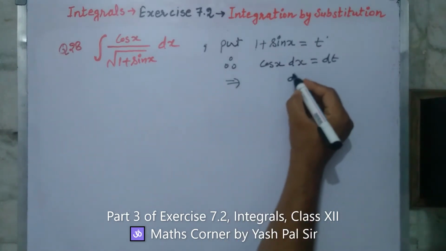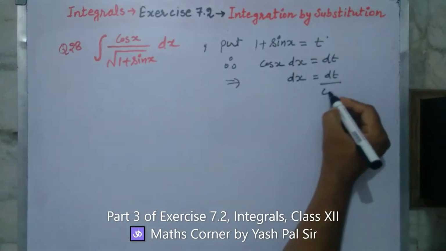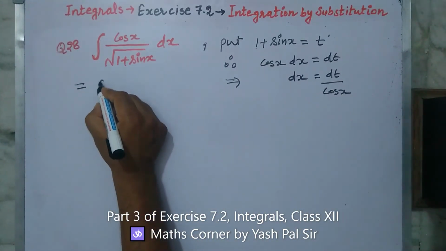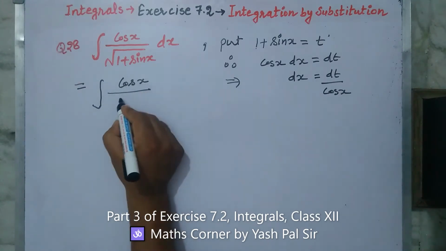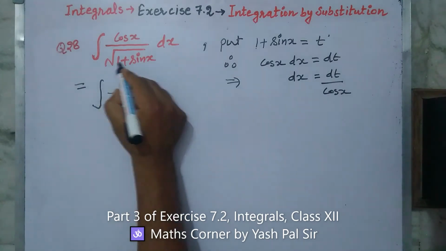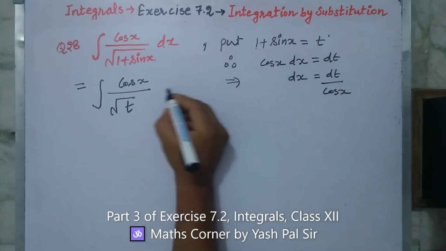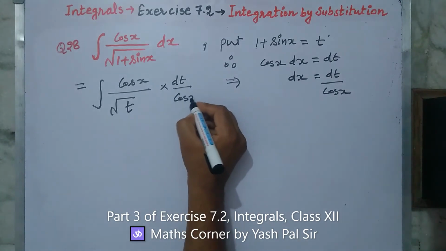That means dx is equal to dt upon cos x. So this question now becomes the integration of cos x upon square root of 1 plus sin x, meaning t, dx meaning dt upon cos x.